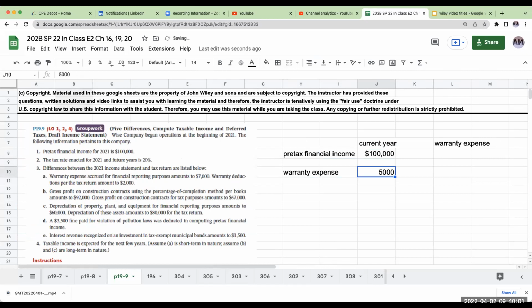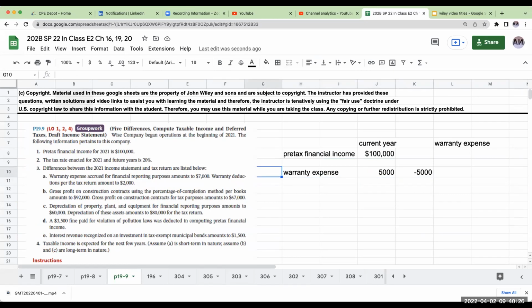We're going to be paying tax on $5,000 more of taxable income because we're only being allowed a $2,000 tax deduction. However, this is going to reverse in a future period. So we're going to get this deduction later on, just not now, but the current year impact in computing taxable income is $5,000.